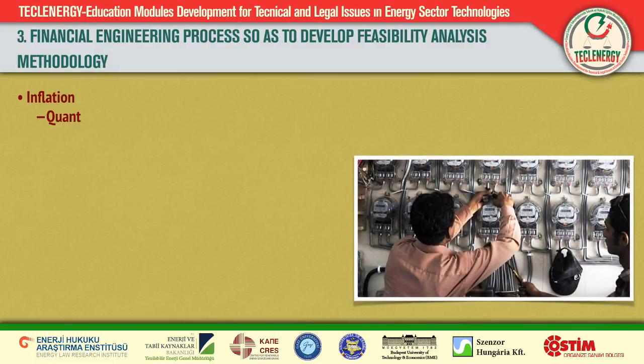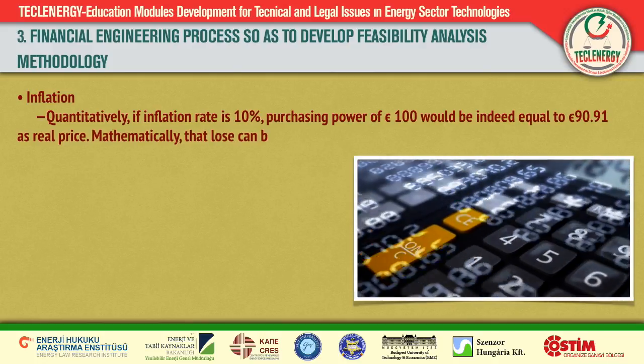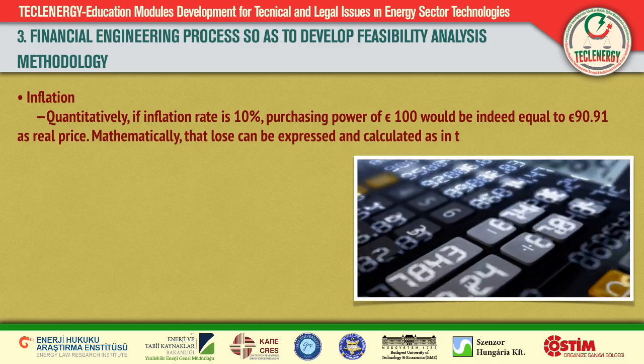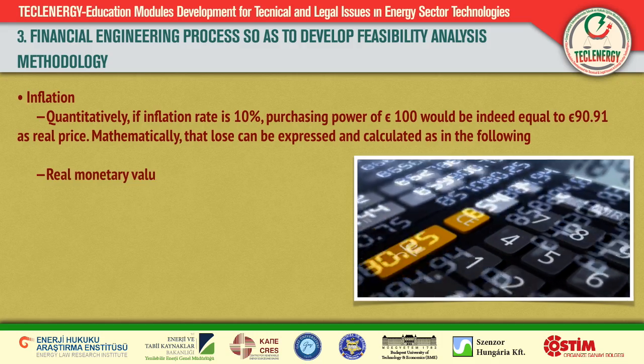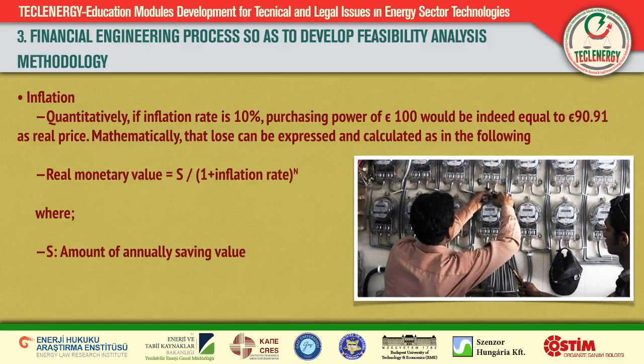Inflation. Quantitatively, if inflation rate is 10%, purchasing power of £100 will be indeed equal to £90.91 as real price. Mathematically, that loss can be expressed and calculated as in the following. The IRR indicator can be expressed as discount rate that will vanish the NPV of a project.